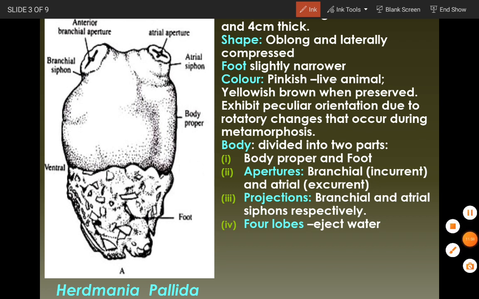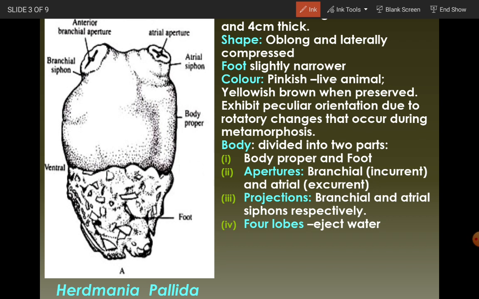The atrial aperture is for the excurrent water. The water that goes out of the body of Herdmania is thrown out through this atrial aperture. Both apertures are guarded by four lobes, which control the movement of water in and out of the body.